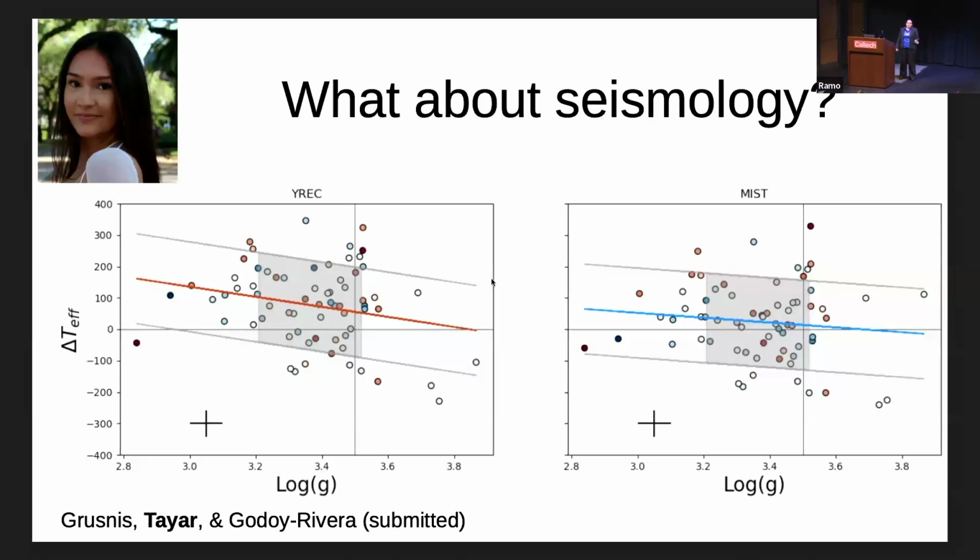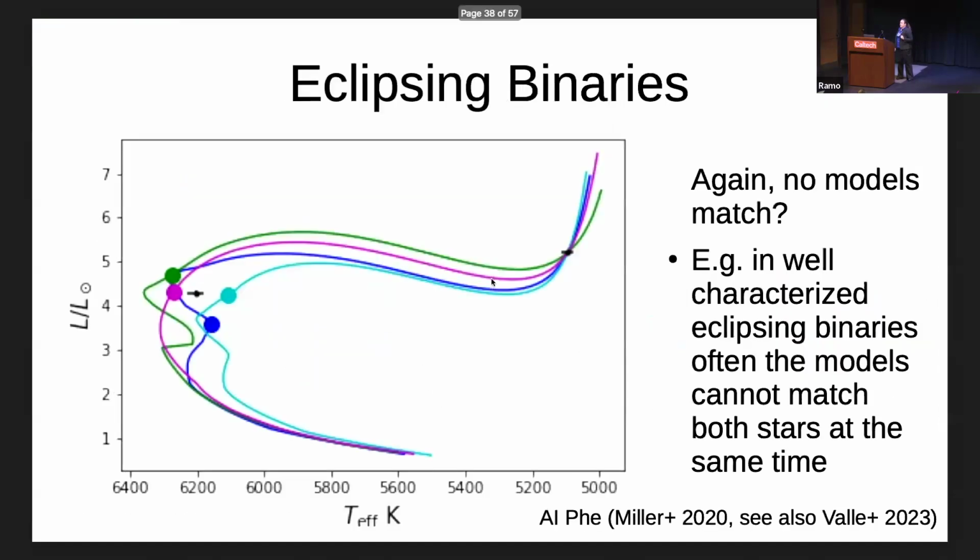The answer is the difference is 100 degrees or something, whatever. And you can play that difference for multiple different model grids and say, is one of them better? The answer is no, they're all sort of equally bad. These are kind of on the subgiant regime as we kind of push down towards the dwarfs. So that's great.